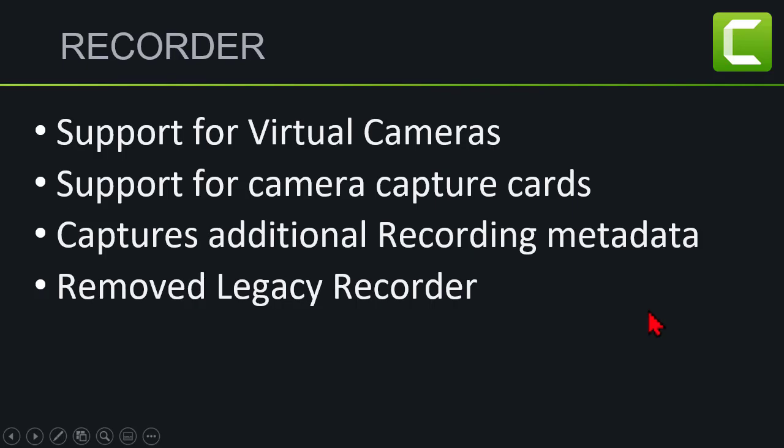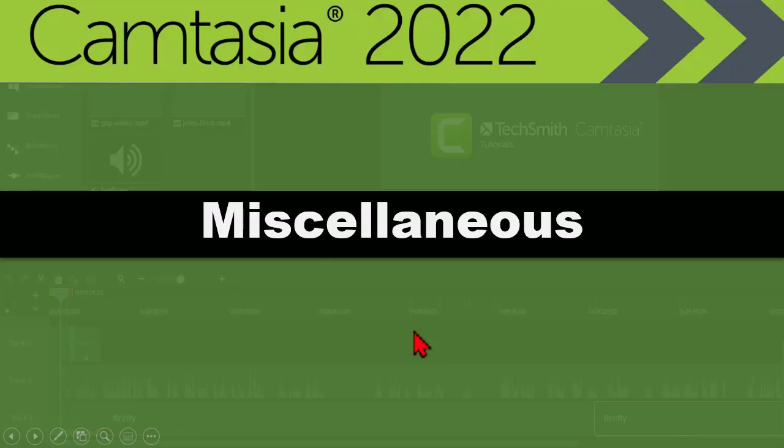So other than that, it's just a new recorder with pretty much the same kinds of features, but I think it's missing a couple. We'll look at it a little more in depth later, but the recorder is still something they're going to be kind of rolling out and updating in minor releases.